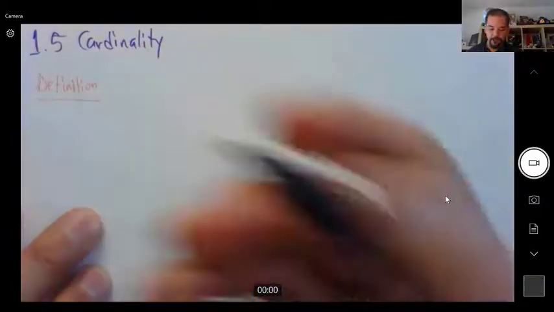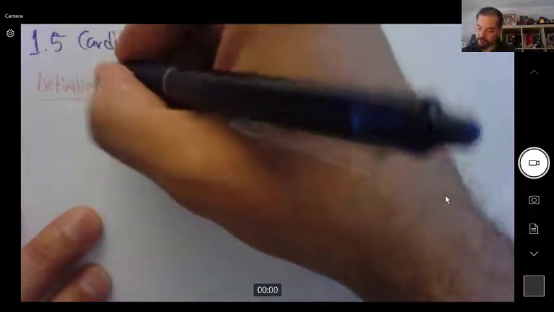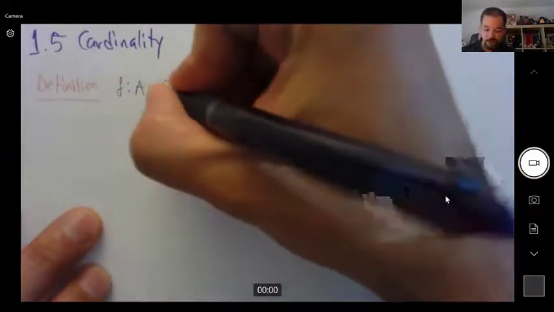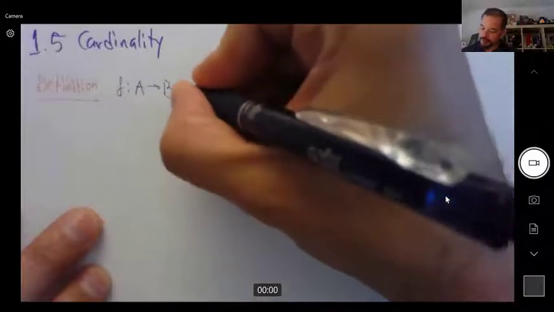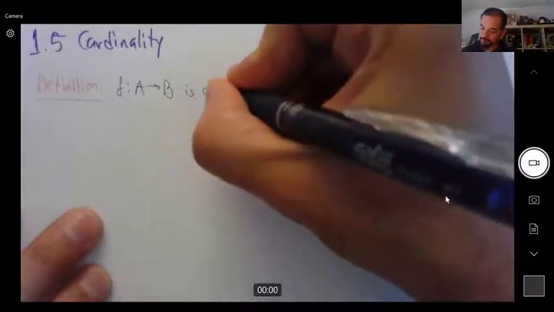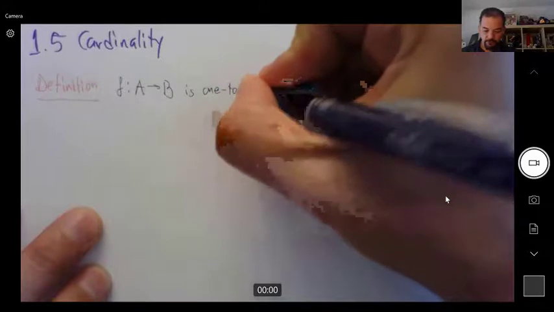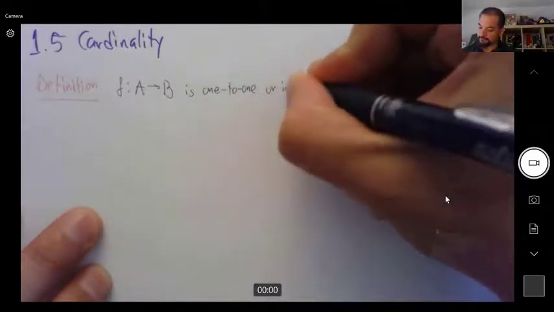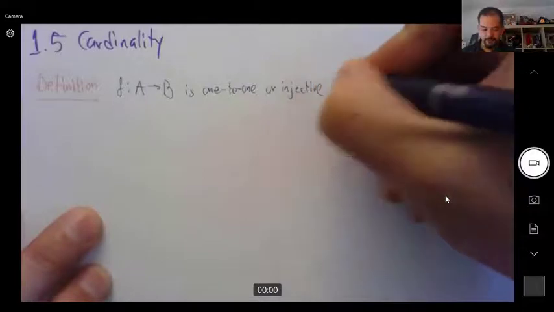So this is a definition that you should be familiar with already. So I'm just gonna write it down to be thorough. If you have a function from A to B, we say that it is one-to-one, or injective. That's another word.